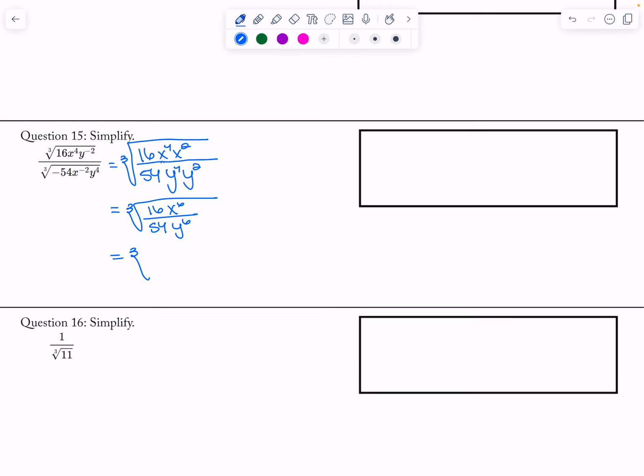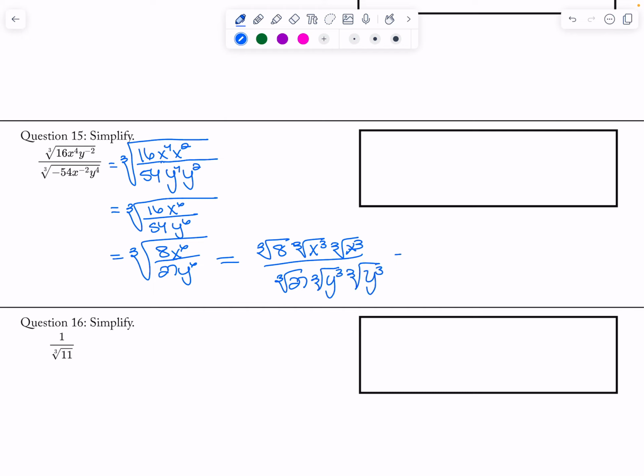So then that's the cube root of 8 over 27 x to the sixth and y to the sixth. So it's a cube root of 8, cube root of x cubed, cube root of x cubed, cube root of 27, cube root of y cubed, and the cube root of y cubed. So 2x squared over 3y squared.